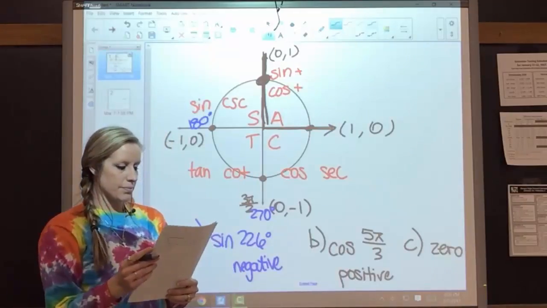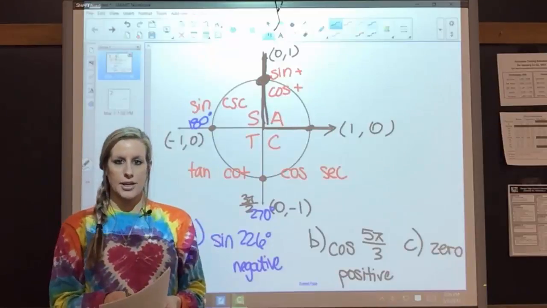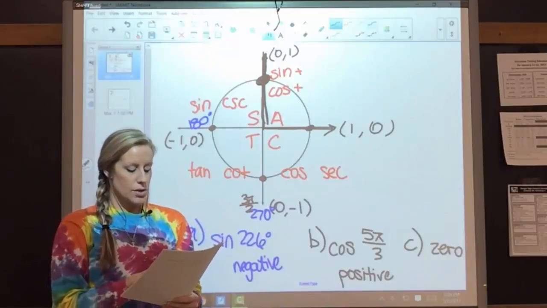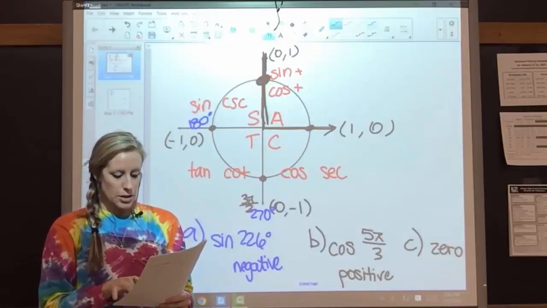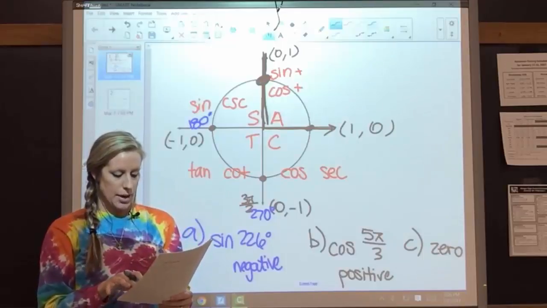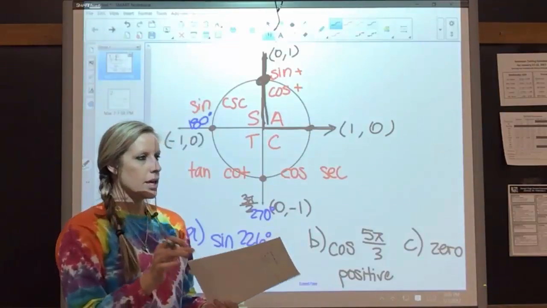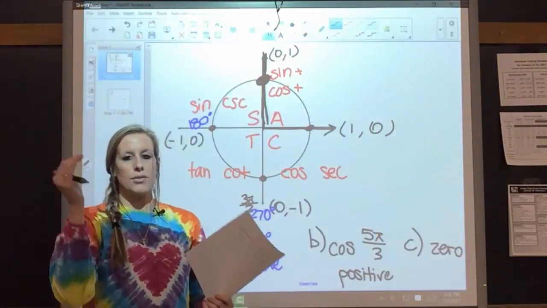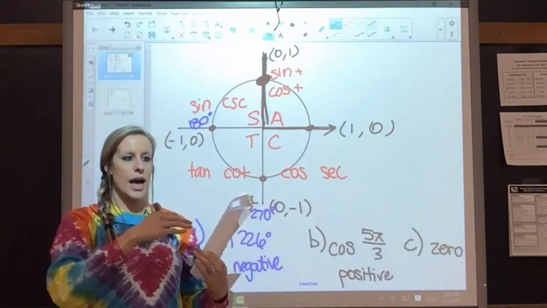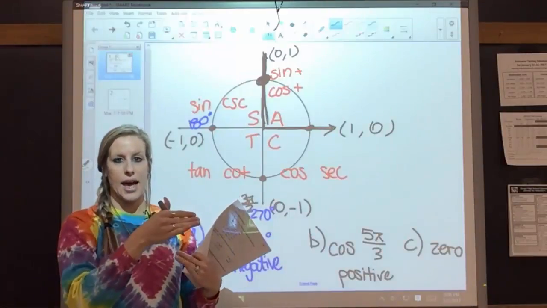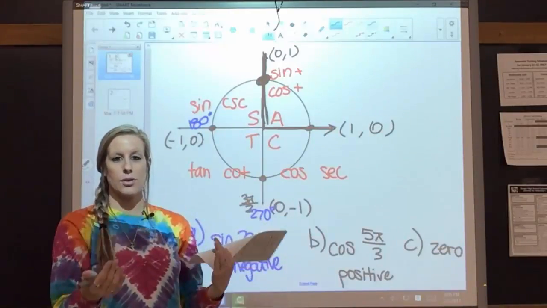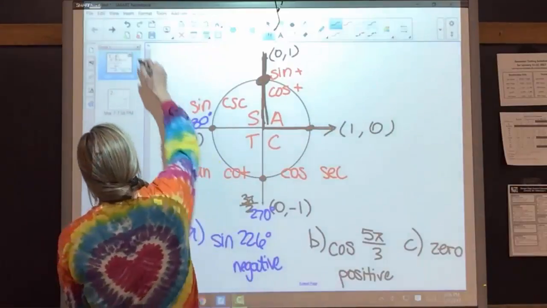All right, so our main topic today is reference angles. So a reference angle is the smallest positive acute angle determined by the x-axis and the terminal side of theta. Okay, so it's wherever that terminal side ends up, it's how far away from the x-axis it is. That's what the reference angle is.